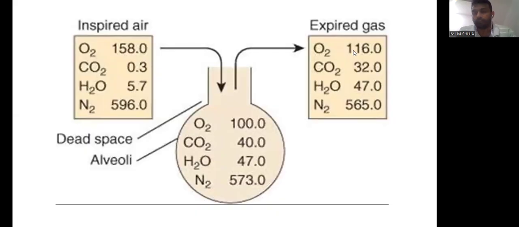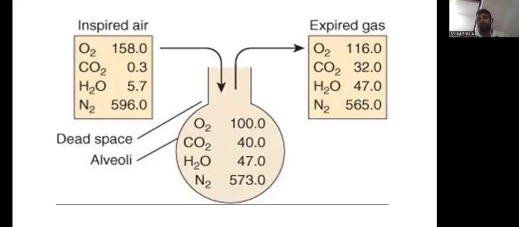So there are different amounts of oxygen in inspiratory air, alveoli and expiratory air. Oxygen in inspired air is 158 millimeter mercury. In the alveoli, its partial pressure is 100. In the expired air, it is 116.